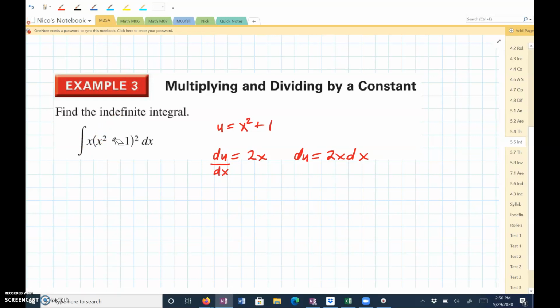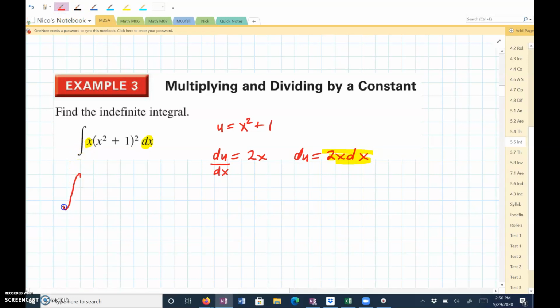Now the problem is, for 2x dx, I have an x and I have a dx, but I don't have a 2. So what I need to do, I can manipulate this a couple different ways.